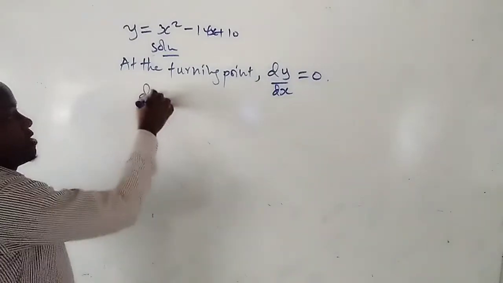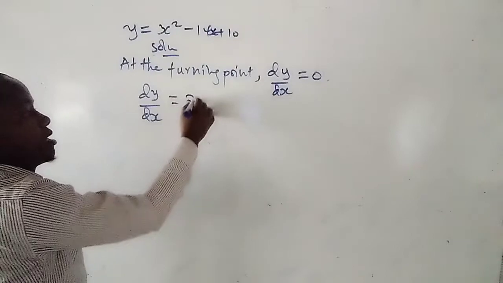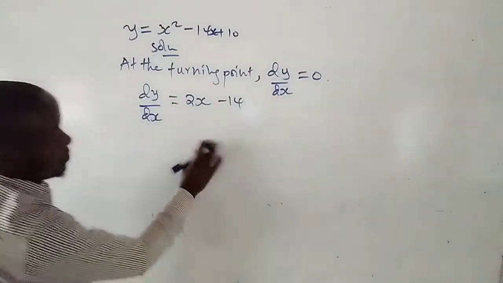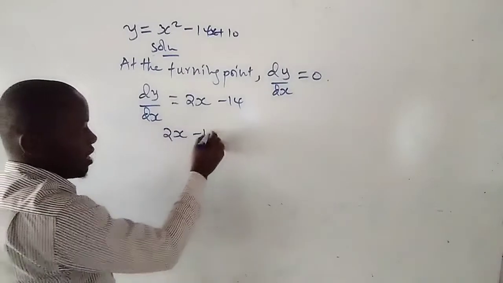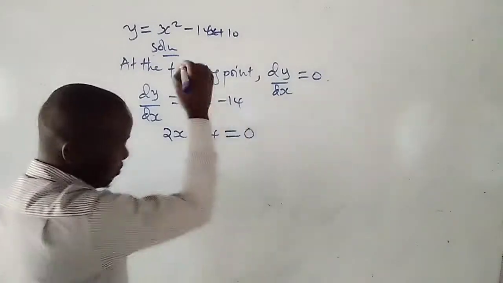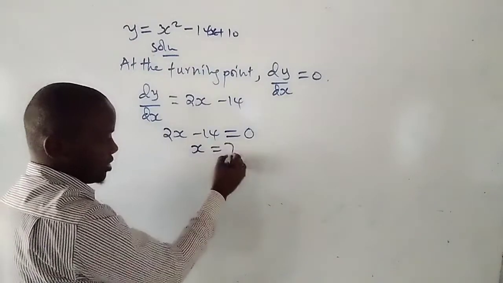Therefore, we can get the derivative of y with respect to x for this function, which will be 2x minus 14. Now at the turning point, this function will be equal to 0. So 2x is equal to positive 14, x will become 7.